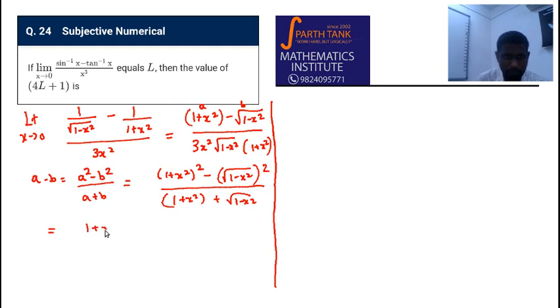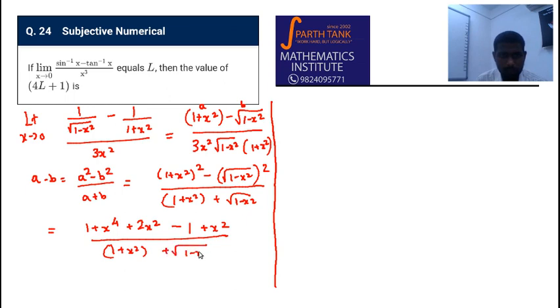This is nothing but 1 plus x raised to 4 plus 2x squared, correct? And then I have minus 1 minus x squared, correct? The whole squared is going to be 1 minus x squared, and then when you bring this minus inside, it is like this, by 1 plus x squared plus root of 1 minus x squared.